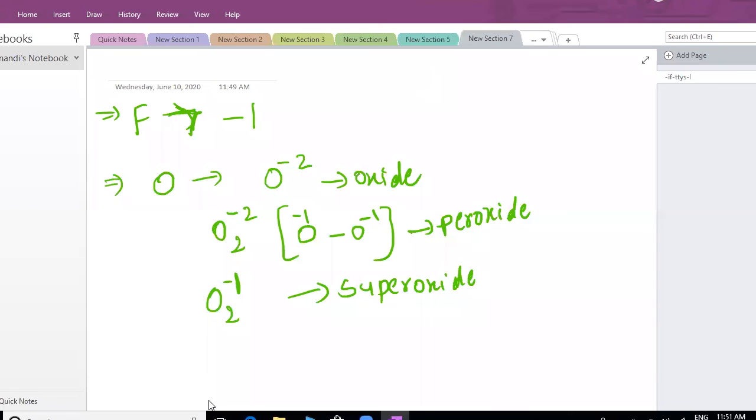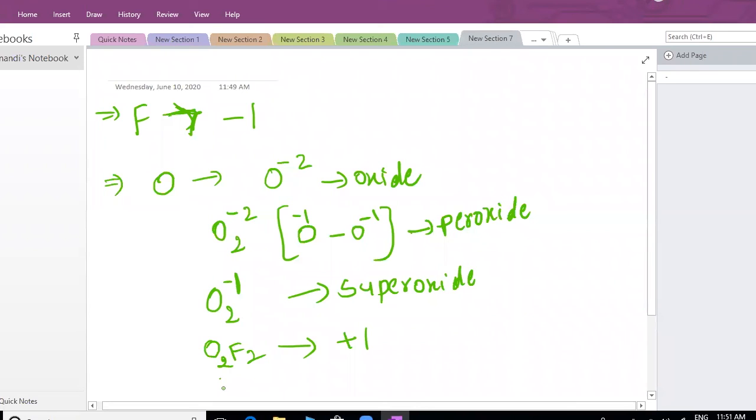Next, oxygen can show a plus oxidation state also. In O2F2 this is +1 oxygen. In OF2, oxygen is +2. So these are all regarding oxygen.